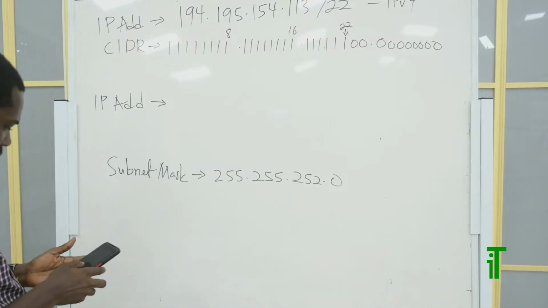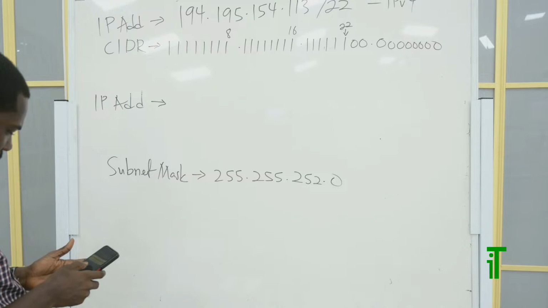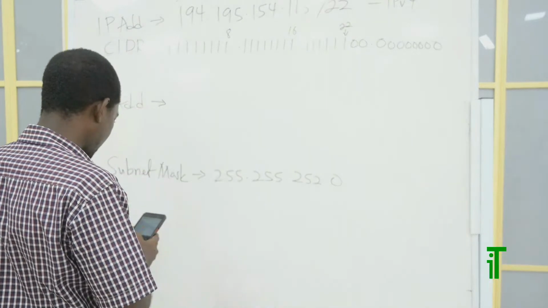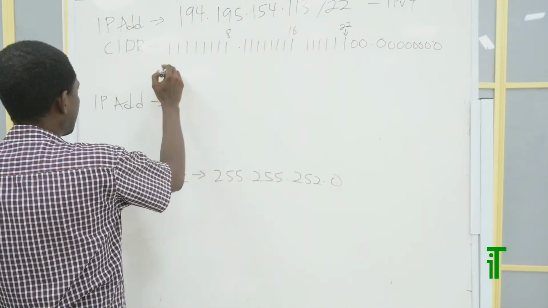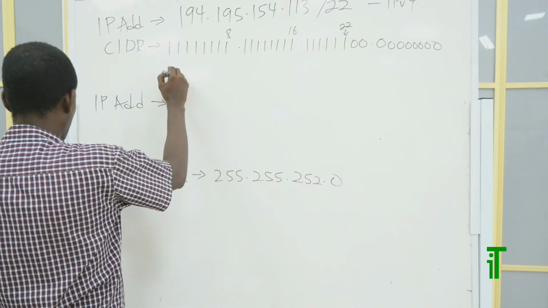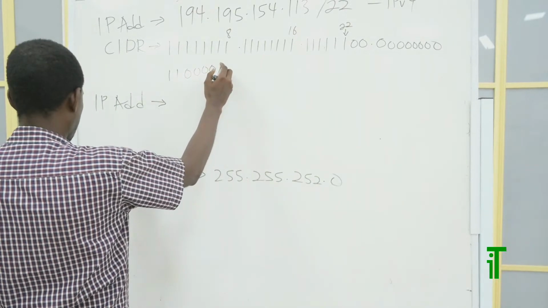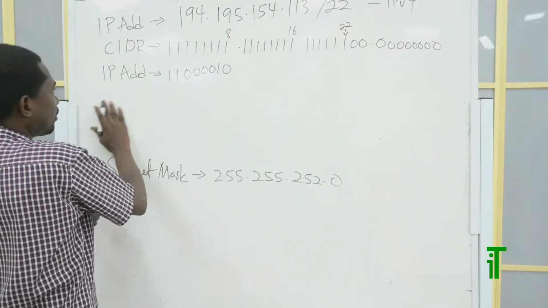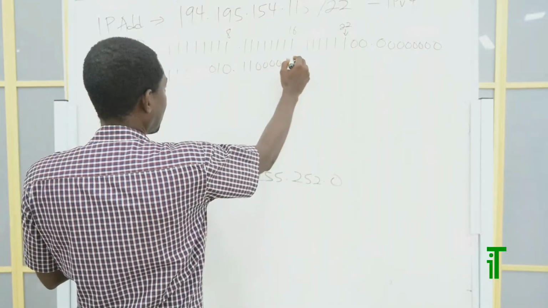194 to decimal is, 194 to binary is 11000010. Then 195 is 11000011.